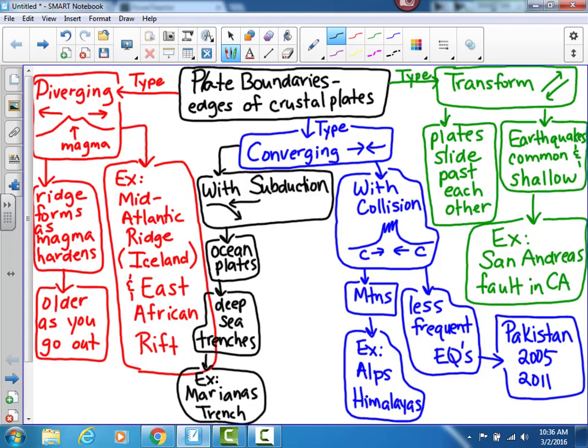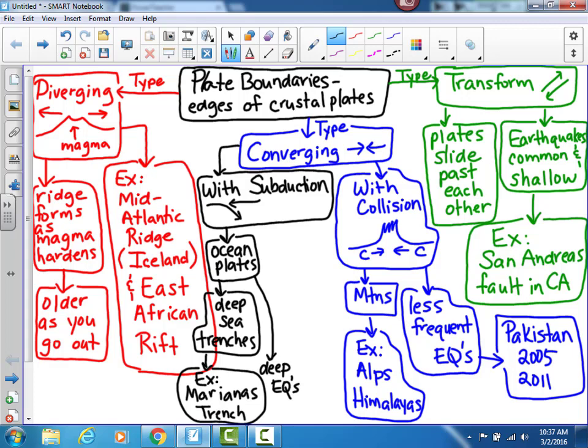This kind of plate interaction can also cause earthquakes. The difference between these and the transform boundary ones is that these are very deep earthquakes, meaning that they occur very far under the surface of the earth.